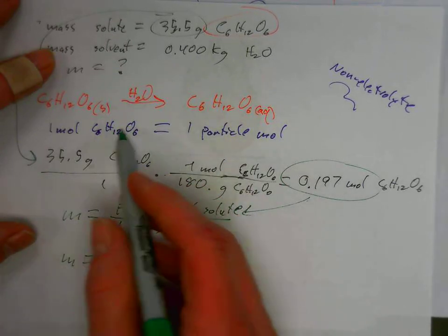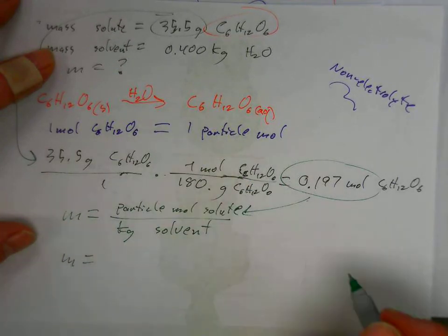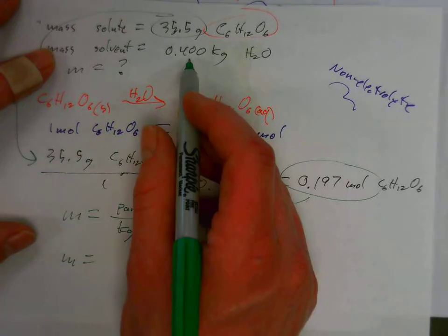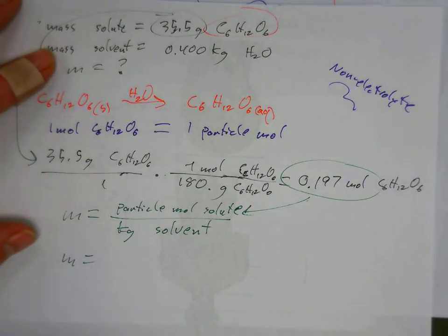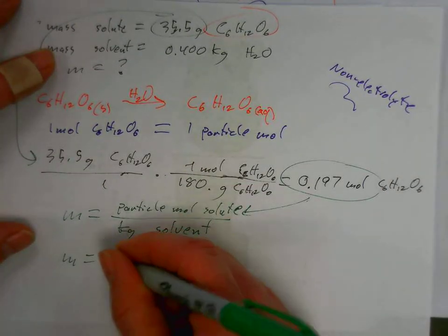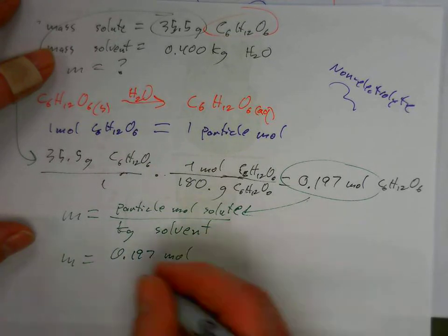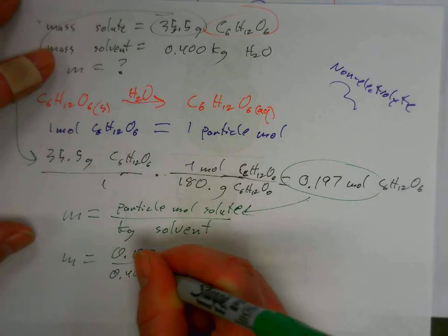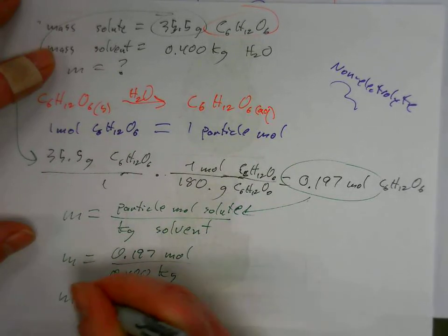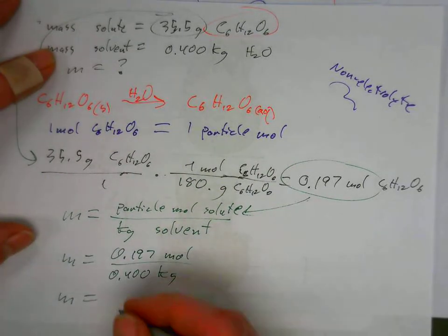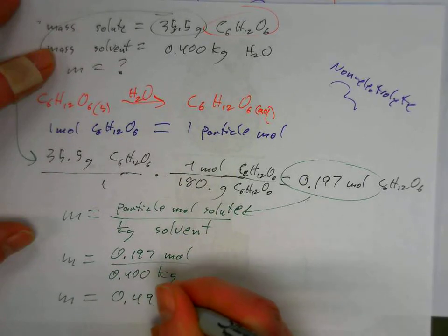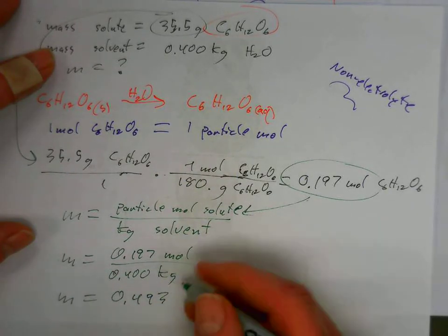So we have 0.197 moles of glucose divided by 0.400 kilograms. And so the molality in this case is 0.493 molal. So read the lowercase m as molal.